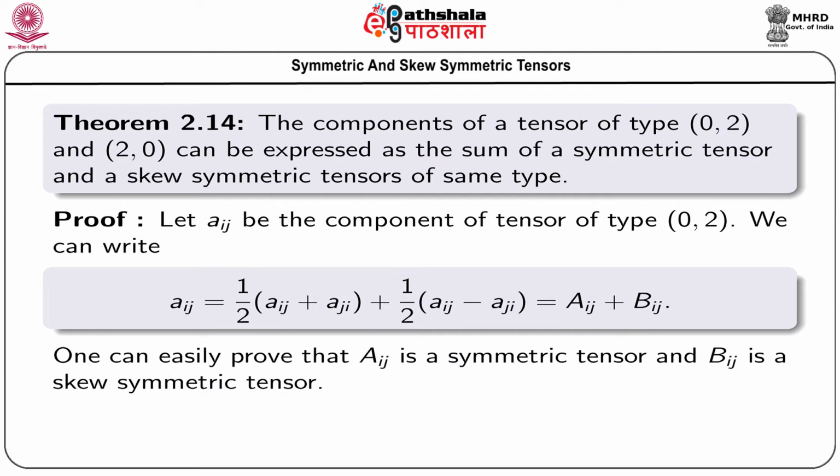Then we can easily see that capital Aij is a symmetric tensor and Bij is a skew symmetric tensor. So every tensor of type 0,2 can be expressed as a sum of a symmetric tensor and a skew symmetric tensor.